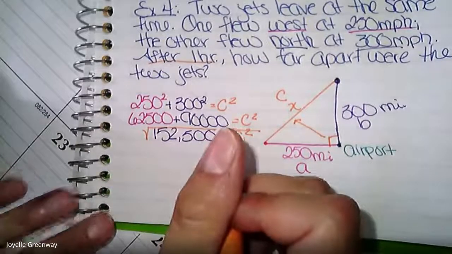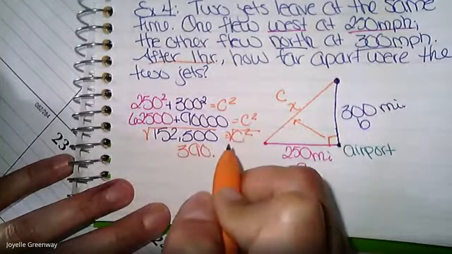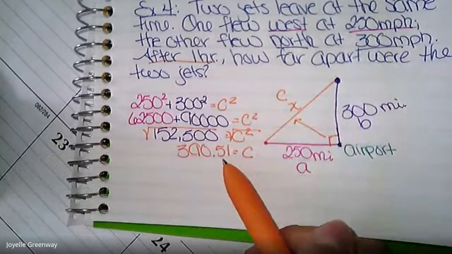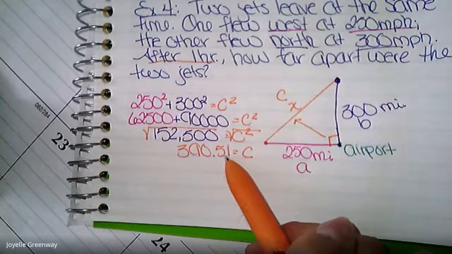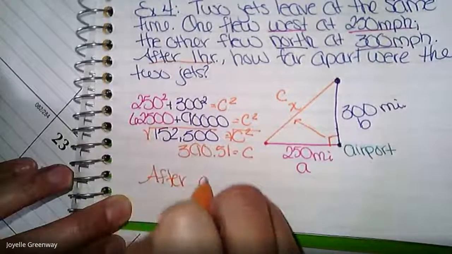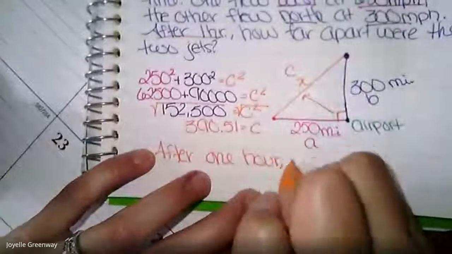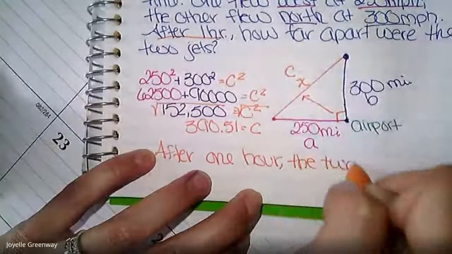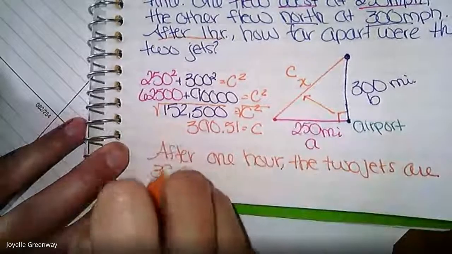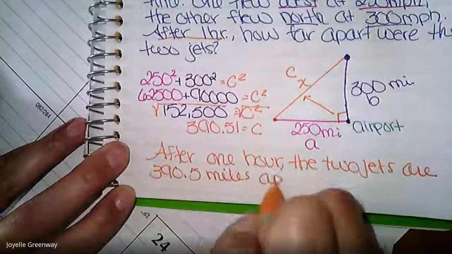And I get 390.51 equals C. If I'm rounding to the nearest tenth, the 1 is lower than 5, so that 5 stays there. So after 1 hour, the two jets are 390.5 miles apart.